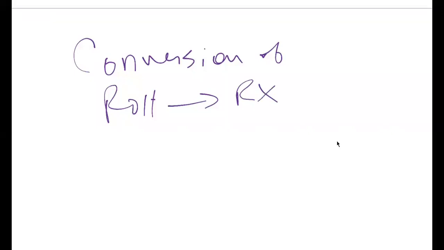All right, what was one of the things that we talked about with this reaction? What is one of the things that you have to do in order for this reaction to take place? What do you have to do to the alcohol?